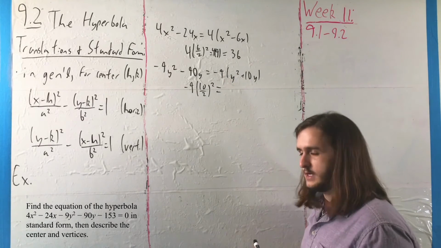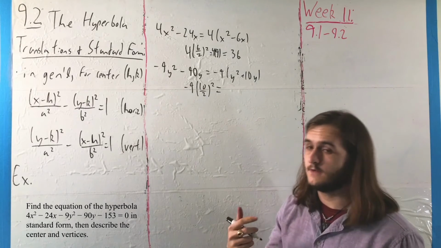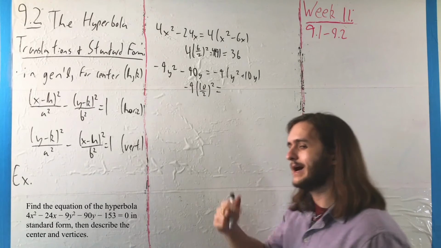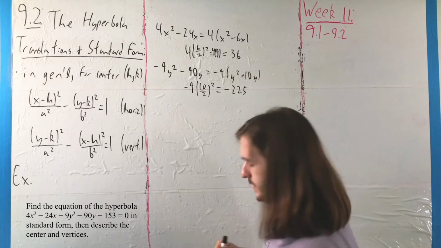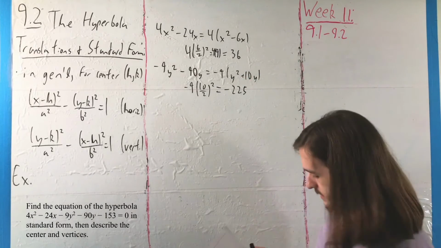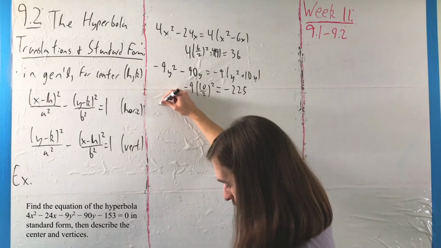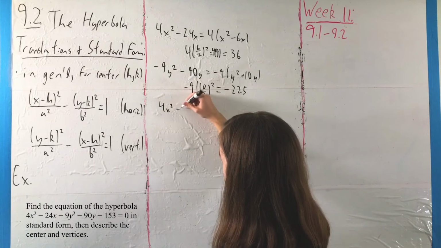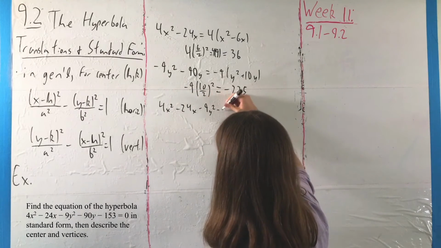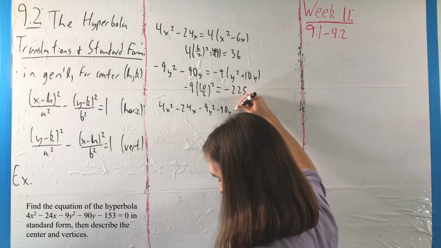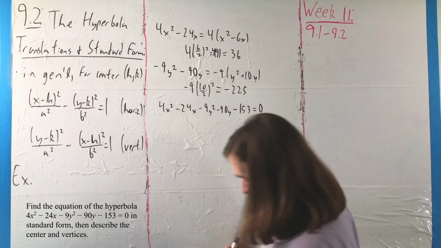And we don't get a very pretty number, but 10 halves is 5, square that is 25, multiply 25 by negative 9, and you will get negative 225. So, going back to our equation, we have the 4x squared minus 24x minus 9y squared minus 90y minus 153 equals 0.